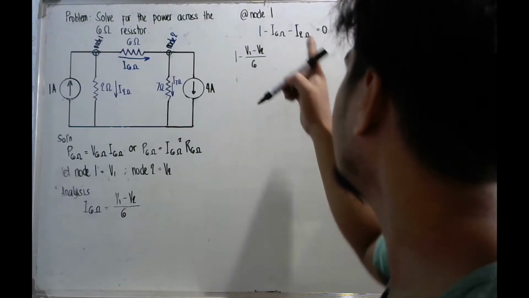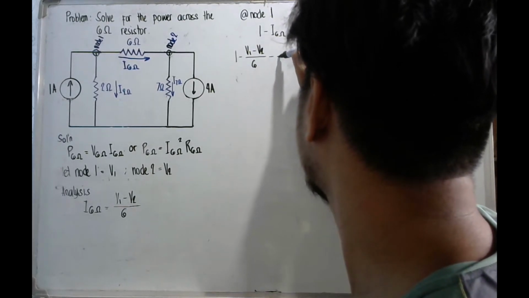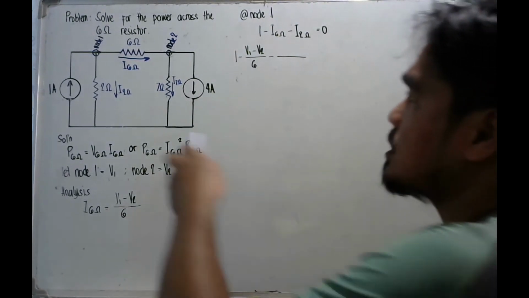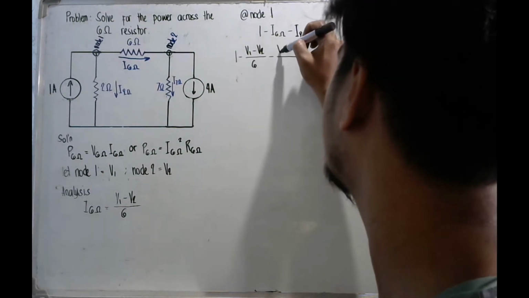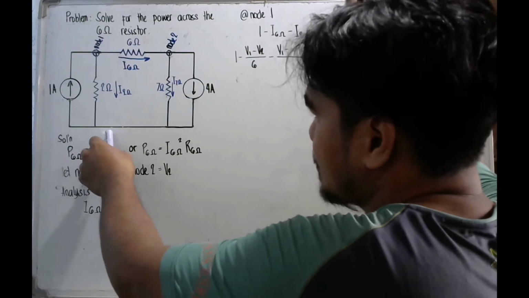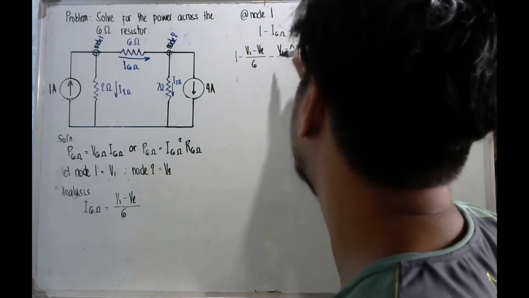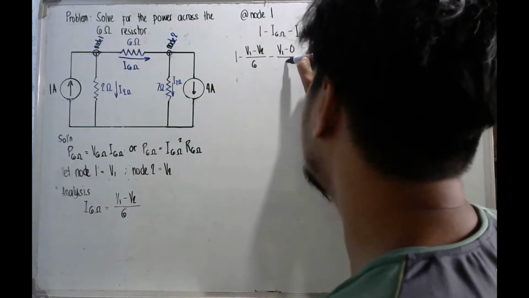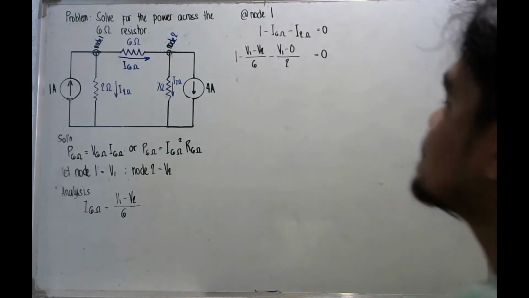For your I2 ohms, you have the tail's voltage minus the head voltage. The tail voltage will be V1. Since your head is directly to the ground, that is 0. Divided by the resistance, 2 ohms, is equal to 0.